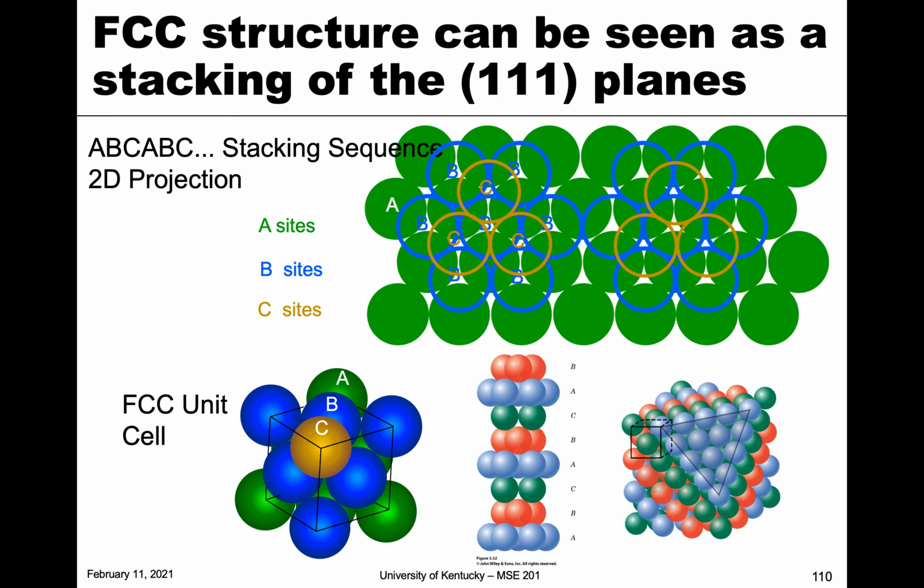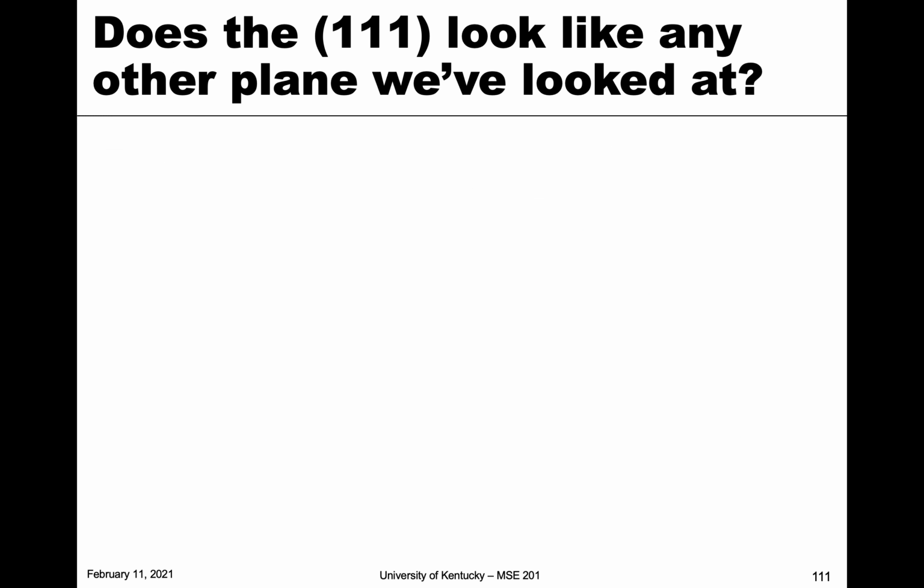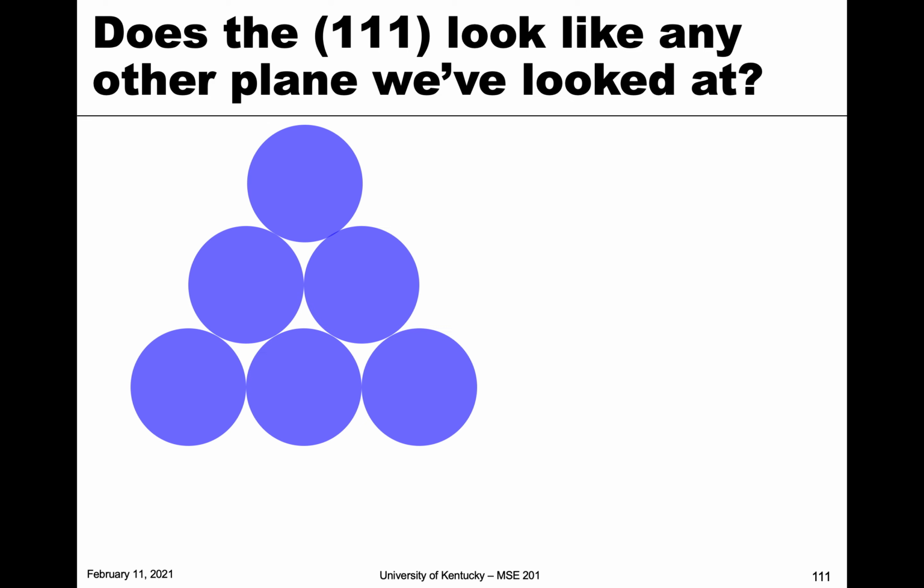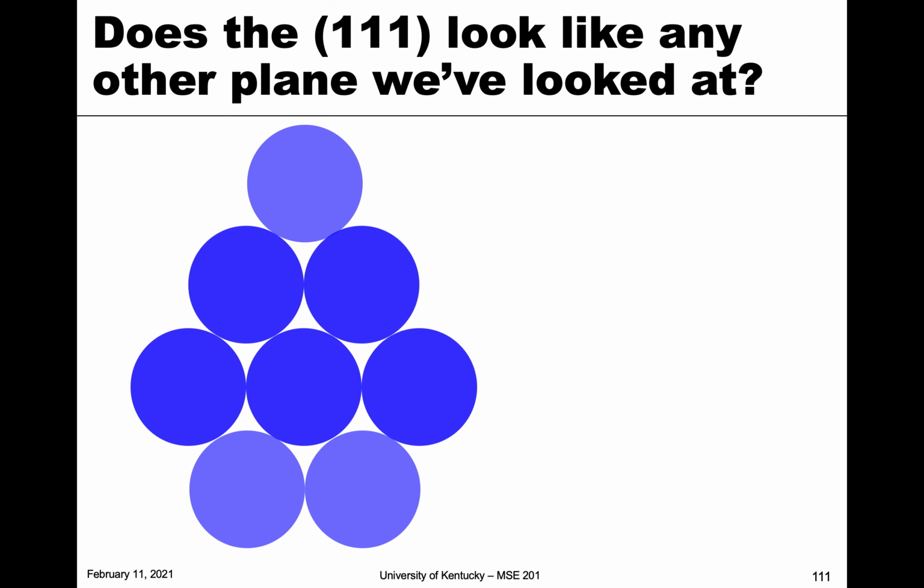And so why do I care about that? It's because I want to compare it to a different one. So this is the 111 plane that we drew within the FCC unit cell. But let's say I draw a couple more, right?